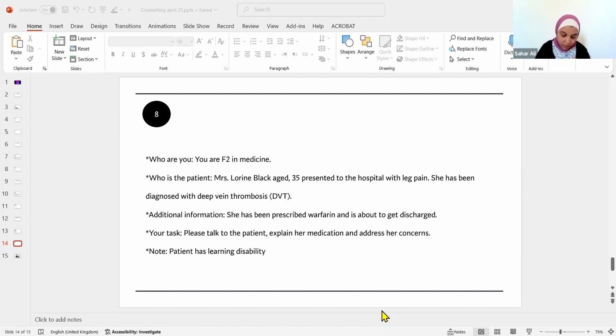Checking the INR, and talking about alcohol. These are the points you have to talk about. And lastly, if she wants to travel, it's better not to travel until maybe around 4 weeks, and then you can talk to the airlines to check what precautions she should take while she is going to travel. All right?